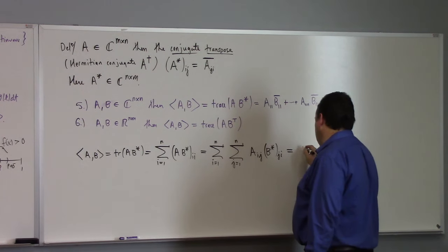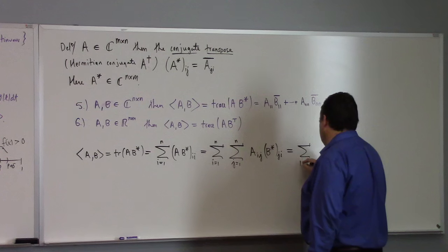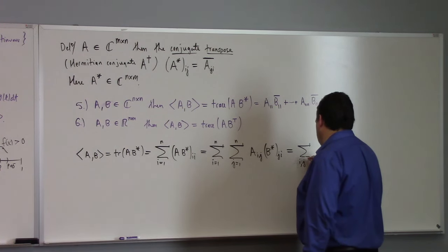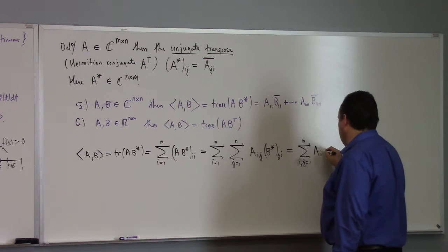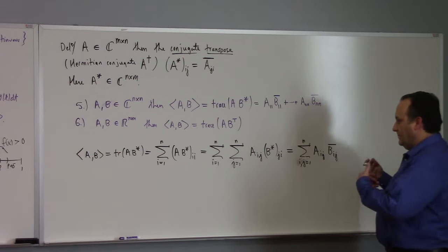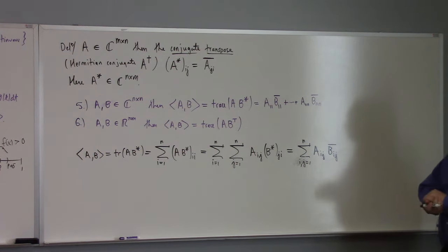But that is, let's just combine our i and j sums here. Sum over i and j going from 1 to n of A ij B ij conjugate, which is what I said.